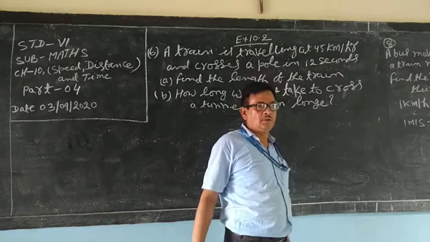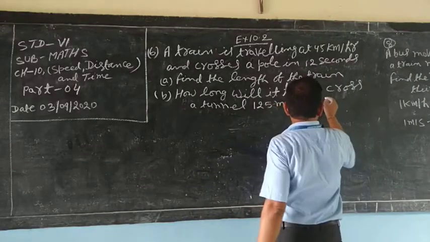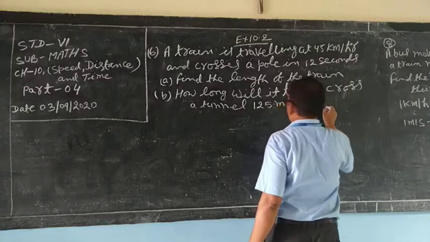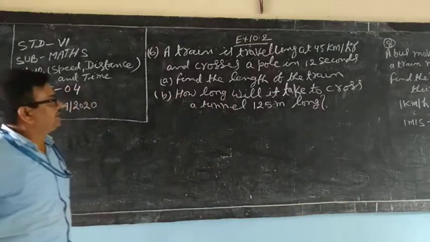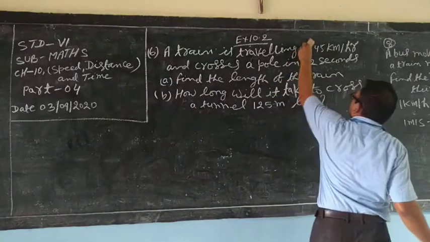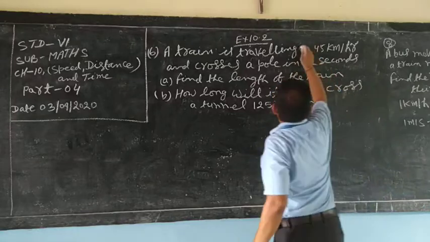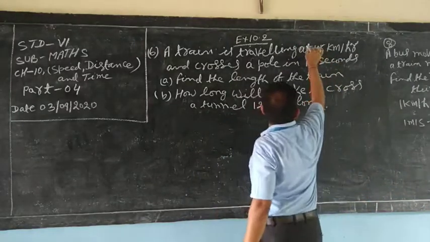Okay. Now see this one. What is given? A train is traveling at 45 kilometer per hour. 45 kilometer means the speed of a train is given.